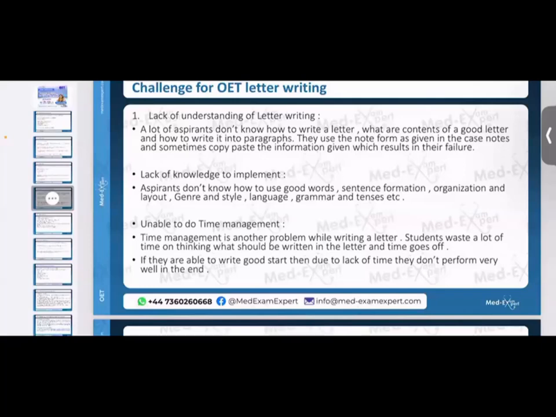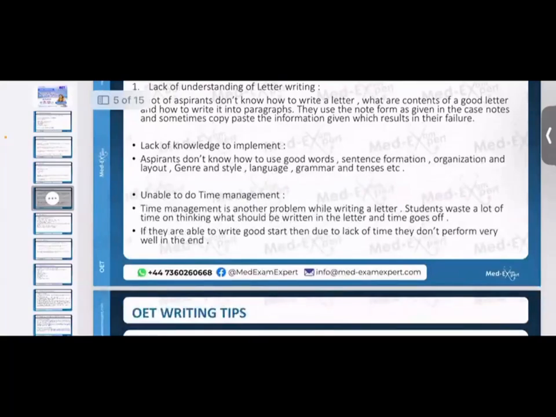So you have to make sure what the requirements of the OET exam are, what examiners want from you. If you are not ready for this, then definitely you can't perform well. But if you are properly oriented and properly guided, then definitely you will do your best.